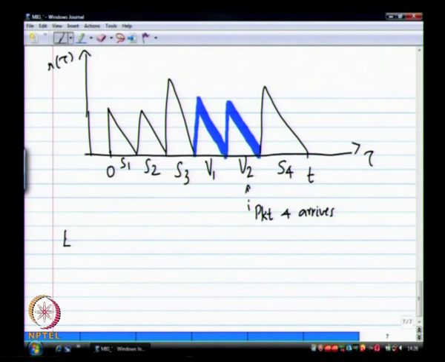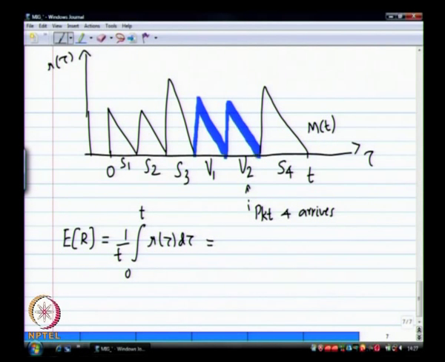So now again my expected value of the residual time, the mean residual time, is given by 1 over t, integral from 0 to t of r of tau d tau. We will use the term M of t to denote the number of completions, like last time.